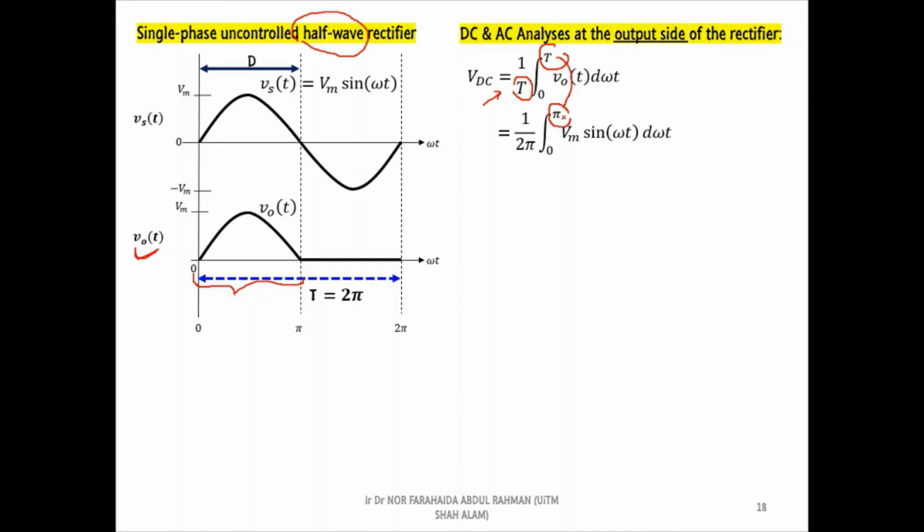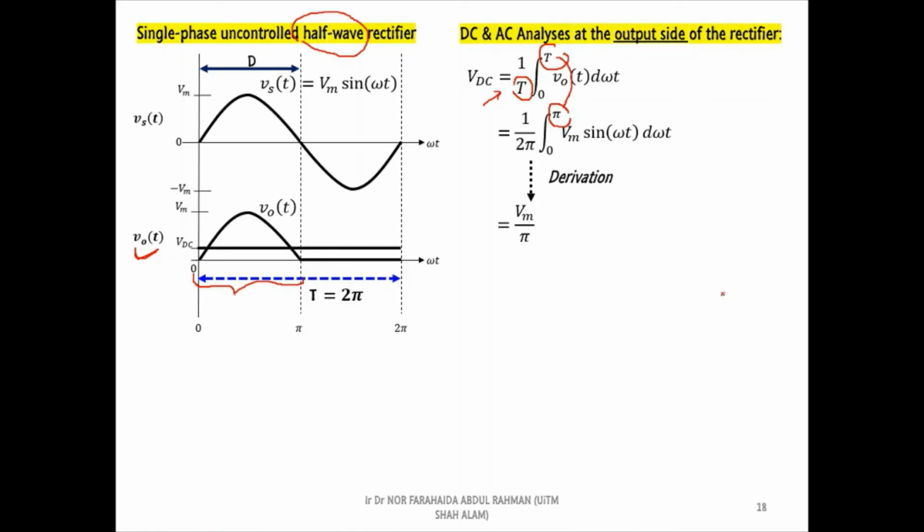Based on a complete derivation of the equation, the average output voltage is equal to Vm per pi. Next, we can sketch the waveform of the average output voltage as follows.